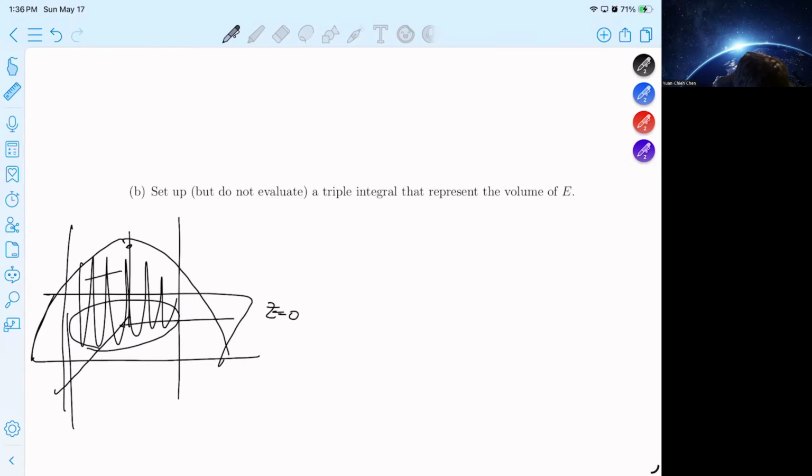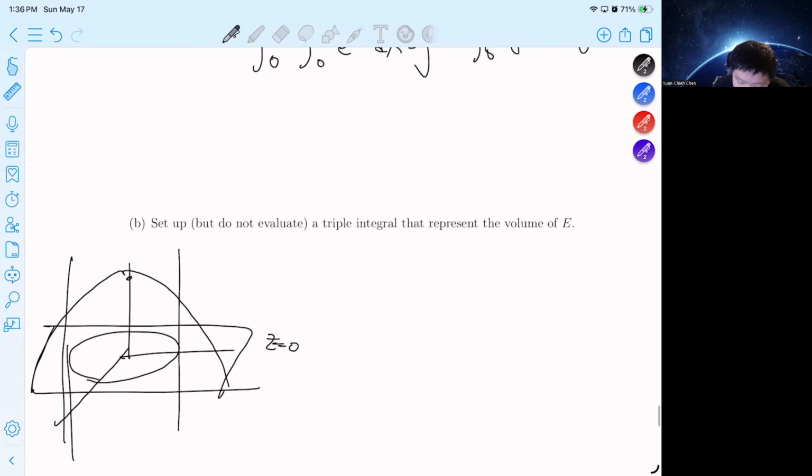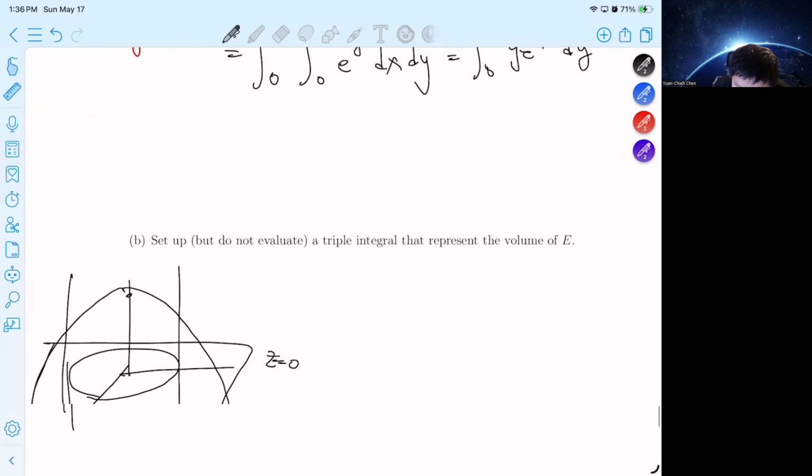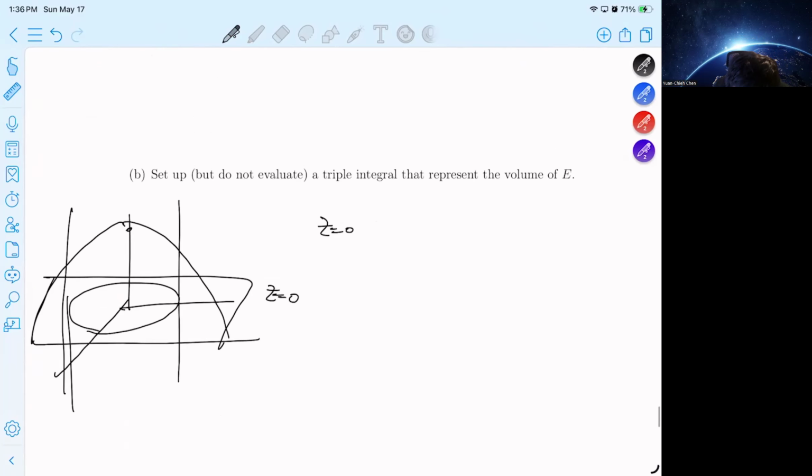This is my region. Ooh, maybe a different color. This is my region. So again, we need to solve. When z equals 0 and z equals 4 minus this guy, they are equal, so 0 equals 4 minus the square root of x squared plus y squared.